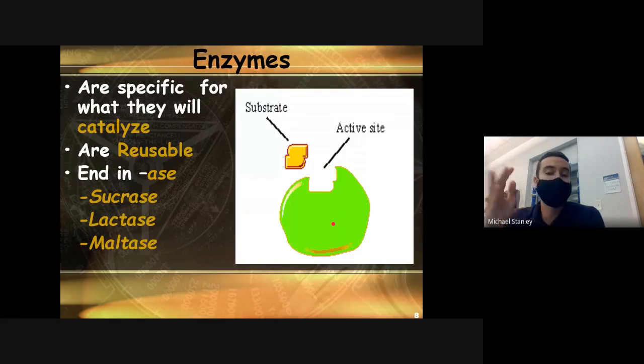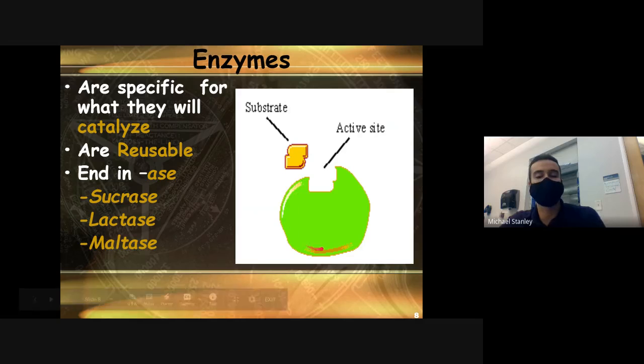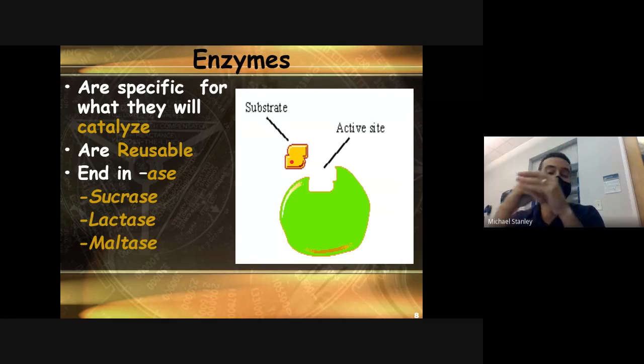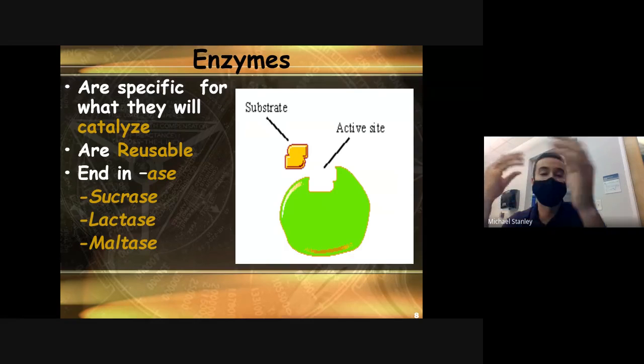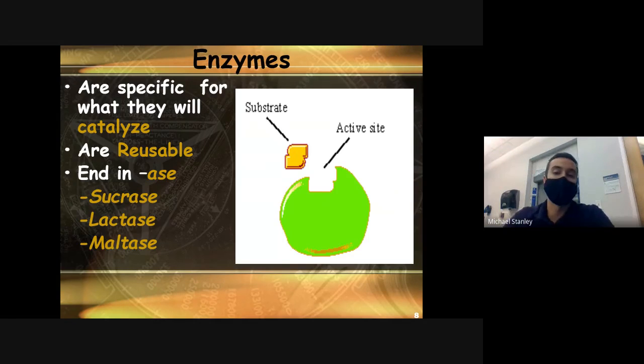And then enzymes are kind of made up of three major things that go into having an enzyme do this specific reaction. So we have the enzyme itself, which is kind of this green blobby thing on this picture. The substrate is the thing that connects to the enzyme. So this would be like whatever is going to go through the chemical reaction, whatever those initial pieces are, we call that the substrate.